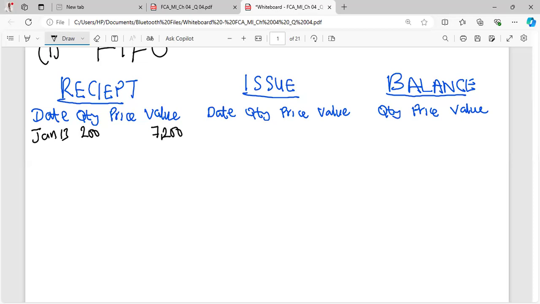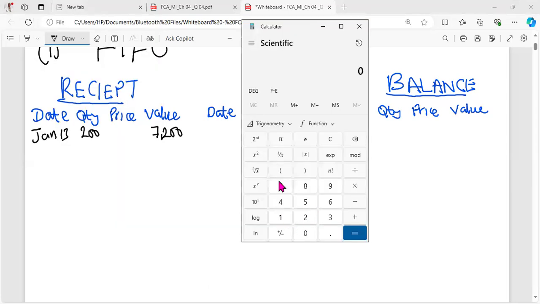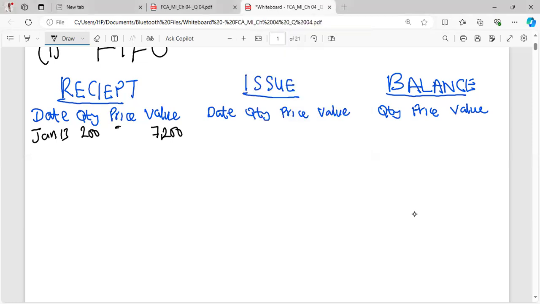So what would be the price? The price will simply be 7,200 divided by 200. That gives us a price of 36. This is important because we'll use this price in issue. So this is going to be 36.